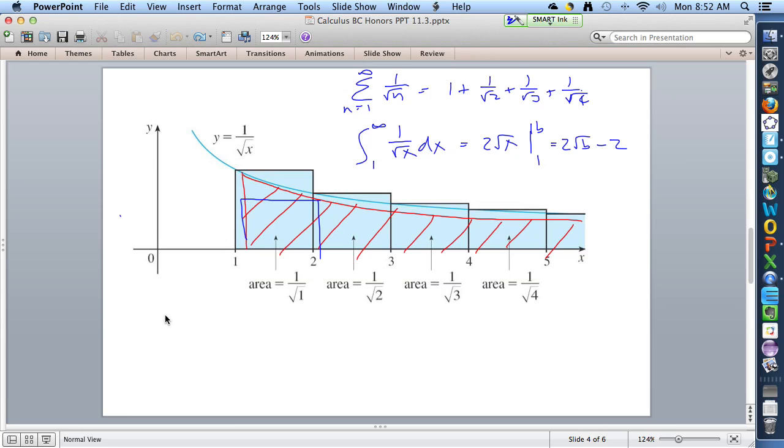I'm just trying to put up a convincing argument for you. What I need you to walk away understanding is, if you have a series that can be represented as something that you can integrate, you can use the integral test, and if the integral test converges, then the series must converge. If the integral test diverges, then the series must diverge.